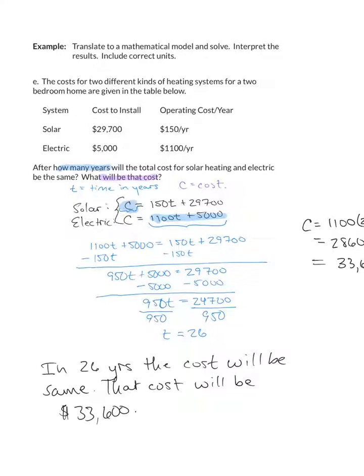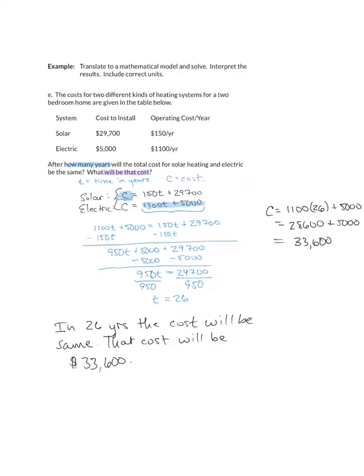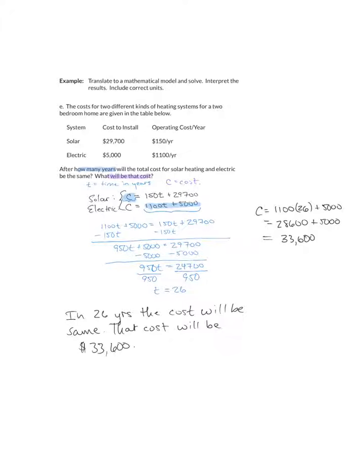One of the things to note about this is when you get into some higher level math classes, depending on what you're going to be doing, if you're going into a business field, we call this a break-even value.